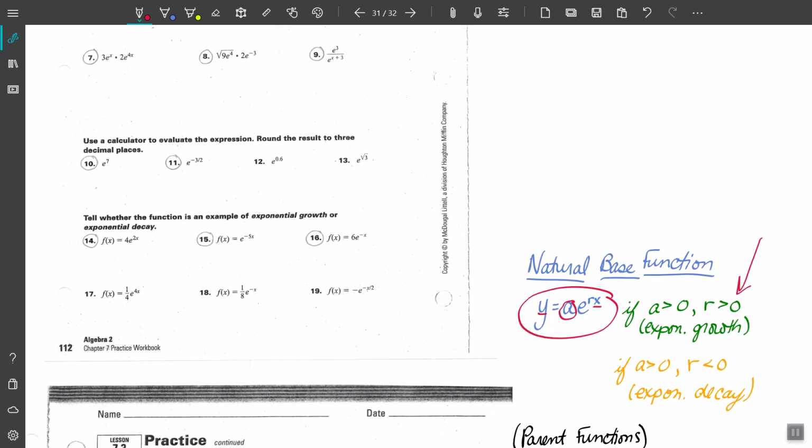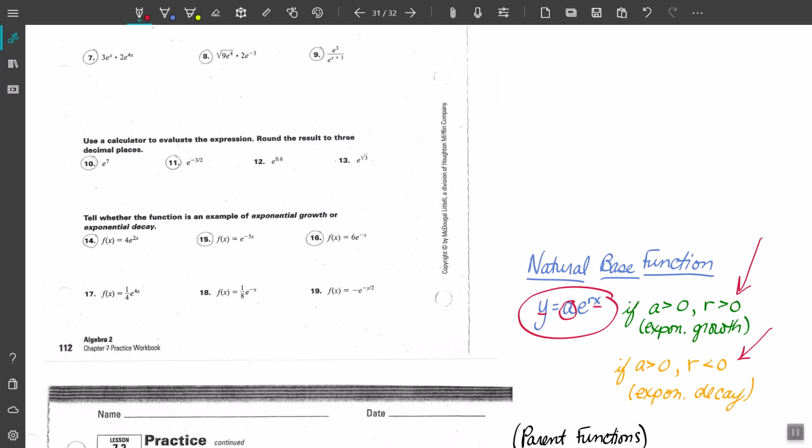So we're going to have to be able to identify our r when we get over to these exponential functions. If a is greater than 0, so you'll see in both of these examples, growth and decay, a is going to be greater than 0. So we're not dealing with anything less than in this example right here. But if r is less than 0, and you can see in yellow here, then we're going to have exponential decay.